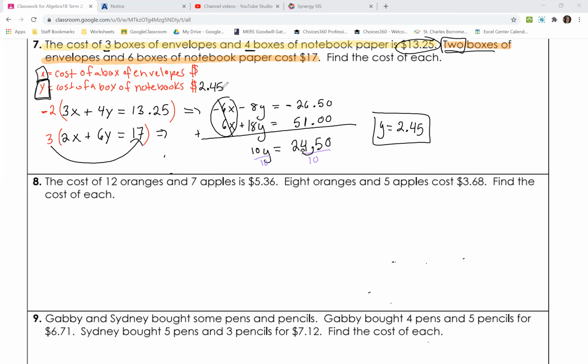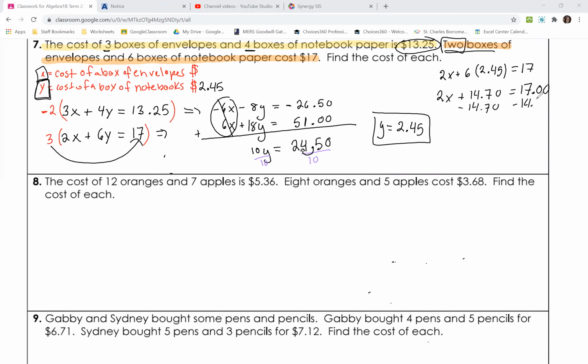So how do I find my x? Well, I'll just plug it back into either one of the equations. So I'll have 2x plus 6, instead of y, I'm going to write $2.45 equals 17. Okay, 2x plus, that's going to be 1470 equals 17. It might help to have a calculator, especially with these. So I'm going to subtract 1470 from both sides.